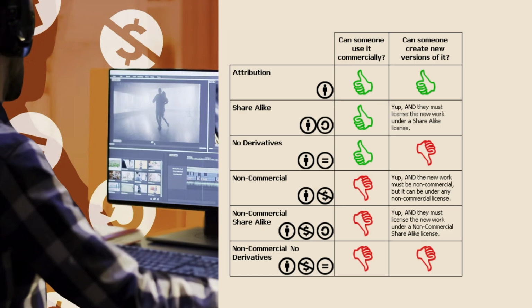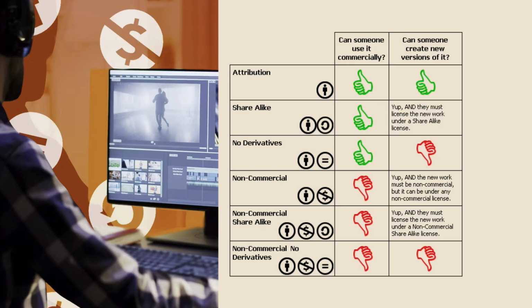And non-commercial share alike: we cannot use it for commercial purposes, but yes, we can create new content using this licensing. Suppose an author declared non-commercial share alike, then one can modify that content, and the new content should have the same non-commercial share alike license.